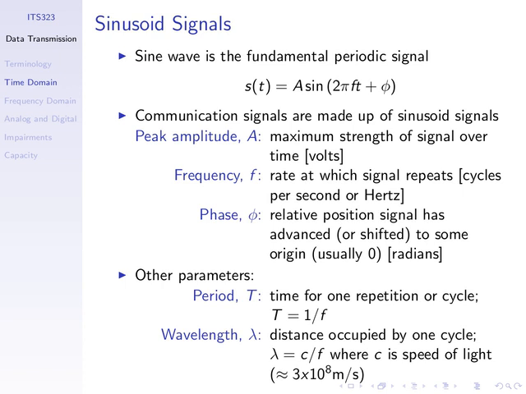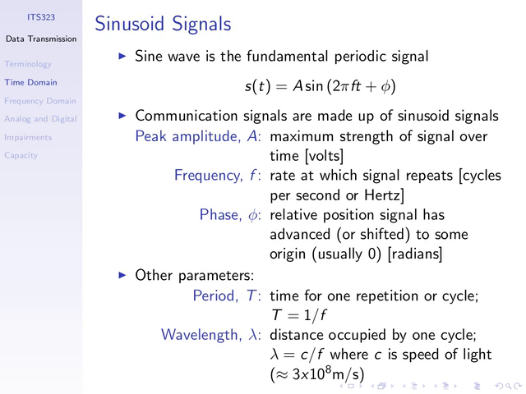So as t changes, the signal intensity changes according to this equation. A is the peak amplitude, the highest point of the signal, or of that sine wave, sine, the sine function, 2 times pi times the frequency of that sine wave, times t, the current time, plus some phase, phi.